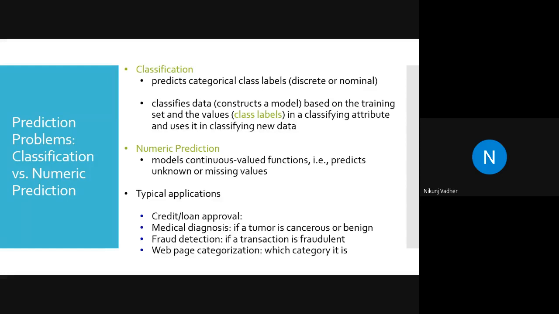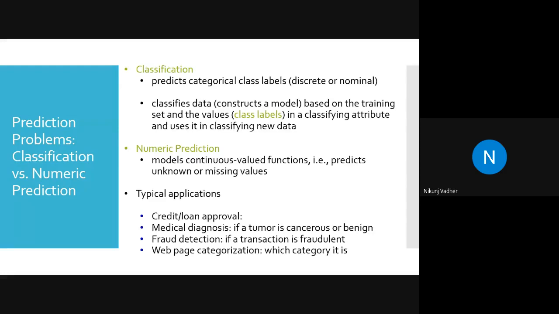What is numeric prediction? It models a continuous valued function. As I told you, if you have continuous values, it predicts the unknown or missing values, like temperature prediction and weather forecasting.